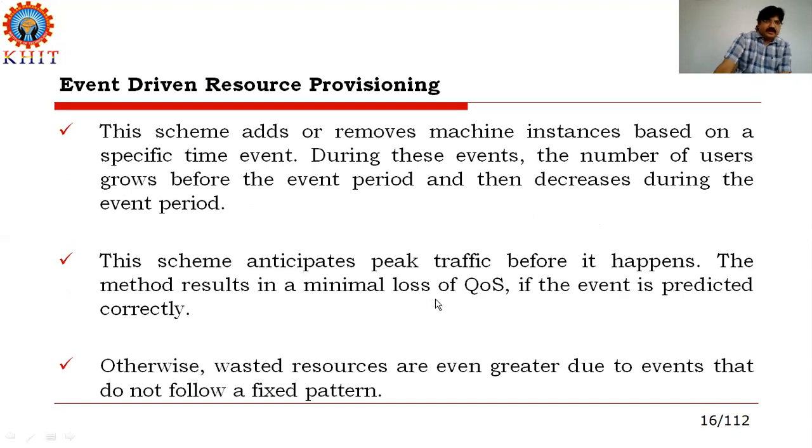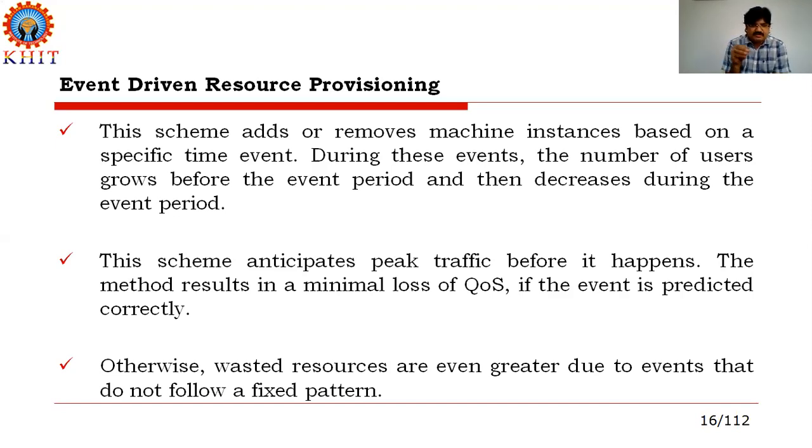The next one is event-driven resource provisioning. This type of scheme will automatically add or remove instances at event-specific times. During this time, the growth or downfall in the number of users depends only on the event.